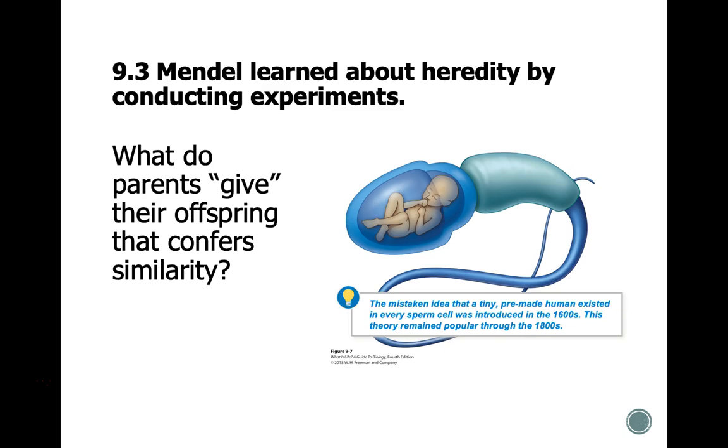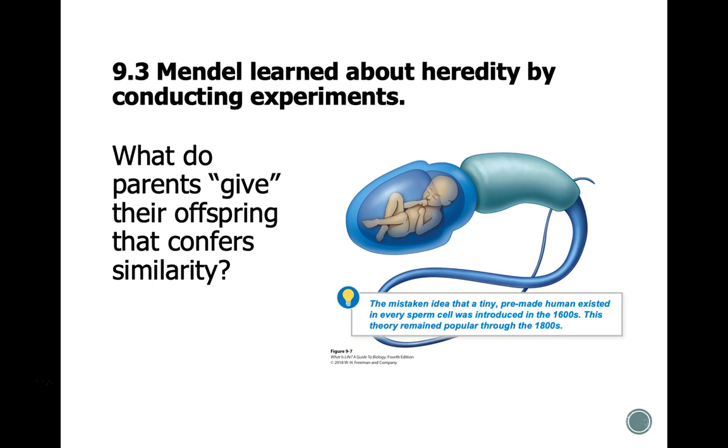Before him, the prevailing idea was that inside the head of the sperm was a little tiny human. I find this image really disturbing. I've seen some other pictures that are even worse.